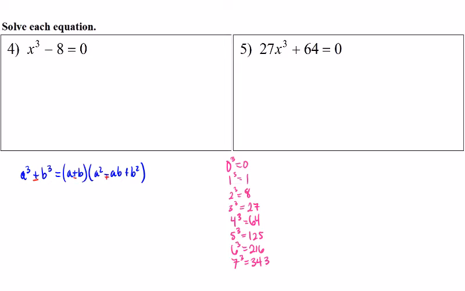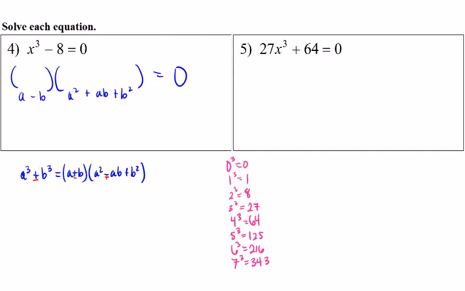So I'm going to put a, and it's going to be minus b, and then here it's going to be a squared plus ab plus b squared.